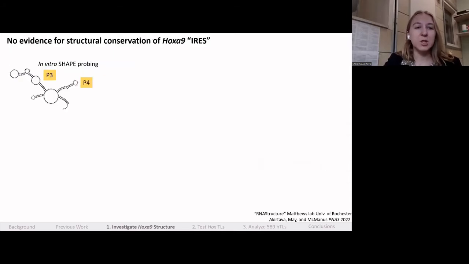From this information, we first examined the structural conservation of the putative IRES region. Here, I used an RNA structure prediction program to test the conservation of this putative IRES region in mouse, human, and zebrafish.